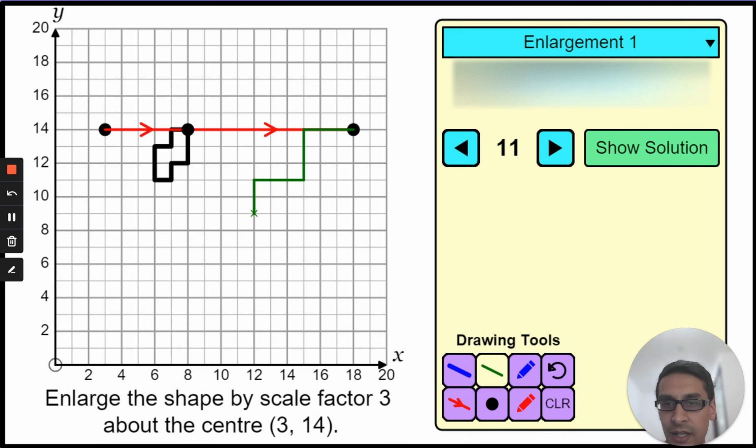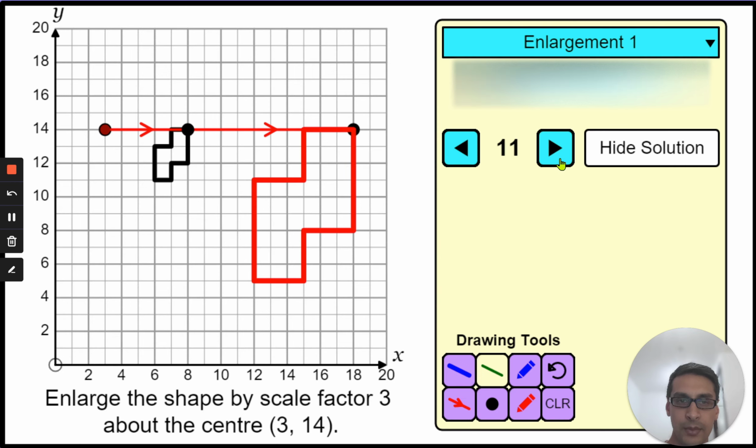And then 2 units down, so that's going to become 6 units down. So 1, 2, 3, 4, 5, 6. I've got 1 across, so that becomes 3 across. And then I'm going to go 3 up, 3 across, and 6 up. And there is your enlarged shape.